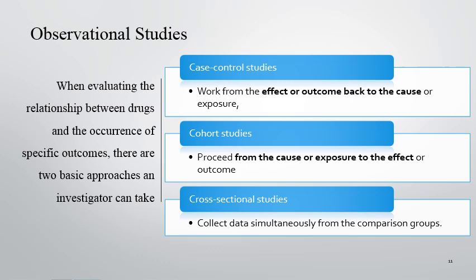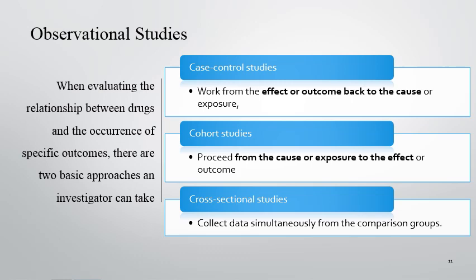And if we find a common thing that was being used or was happening with these patients, we will then link that this drug might be the cause of this adverse effect.